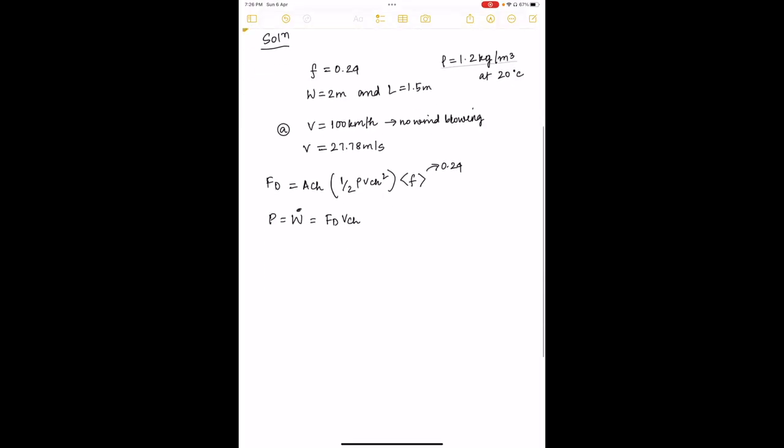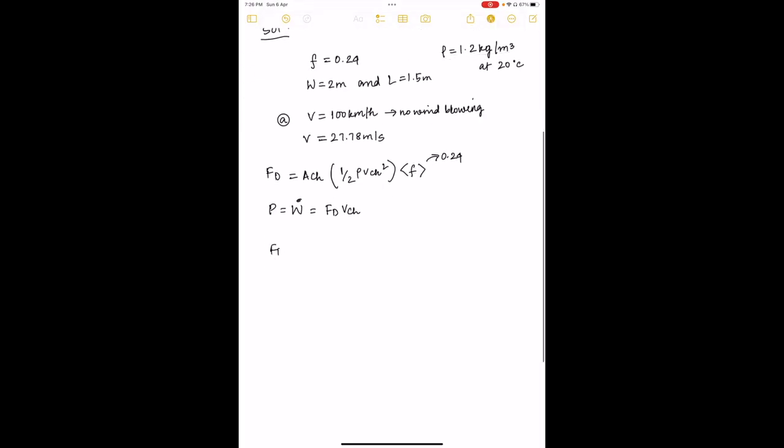So FD is equal to half into 1.2 into 27.78 square into 2 into 1.5 into 0.24. We get it as 333.4 Newton.